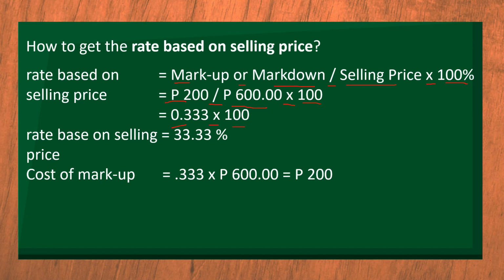The rate based on selling price is equivalent to 33.33%. To get the cost of the markup, we have to multiply the rate based on selling price, which is 0.33, times 600 pesos, the selling price. The markup is equal to 200 pesos.